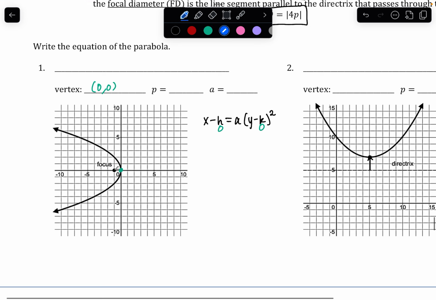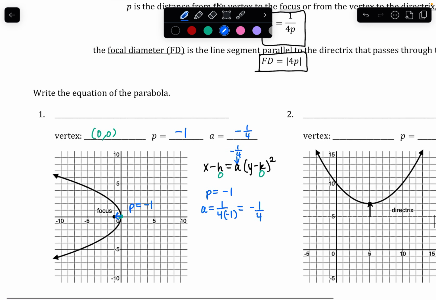And then the p-value is going left, and so left 1 would be negative 1. And so that means a equals 1 over 4 times p, which is negative 1, would give us negative 1/4. And so remember, a is what's in the equation, p is what you see from the graph.